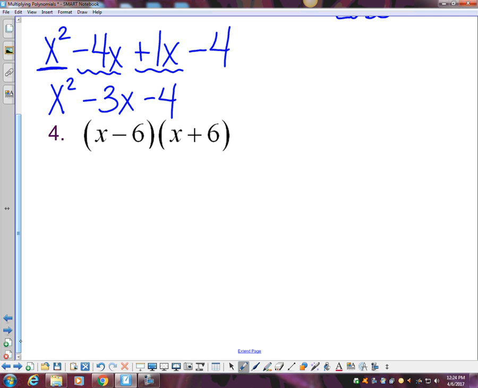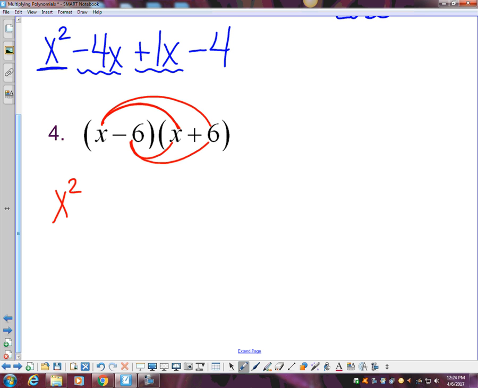Okay, let's look at number 4. Again, this is a lobster. I'm going to erase this so I have some room. I'm going to take this x and distribute here and here. And then I'm going to take my negative 6 and distribute here and here. So x times x is x squared because when you multiply, you add your powers.